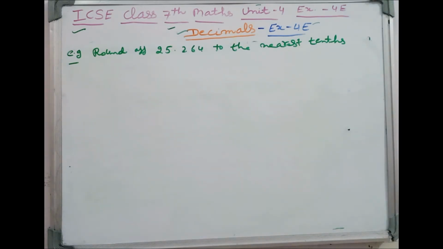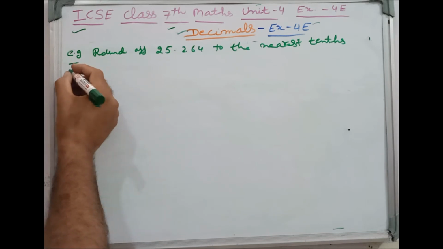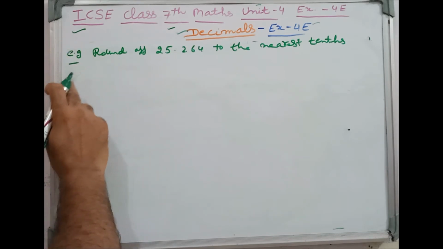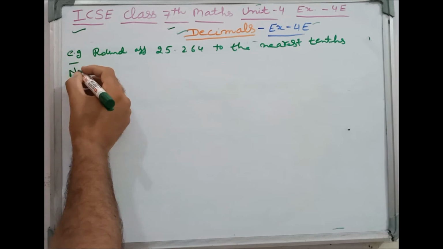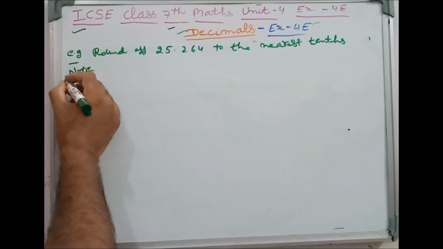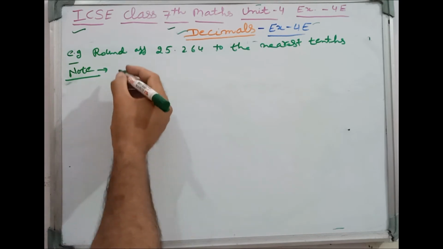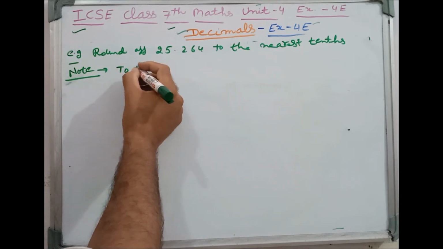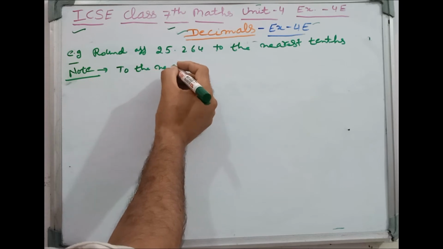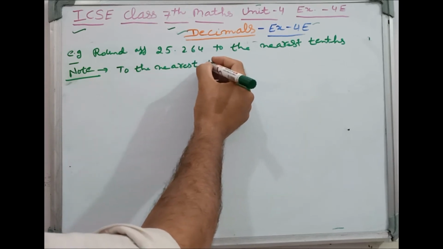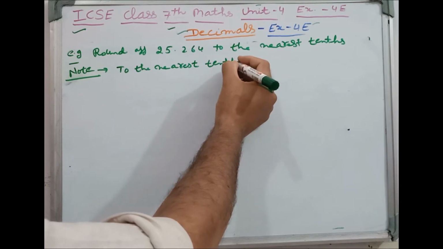So in this we have to keep in mind three things. First, you should note it down. Number one is to the nearest tenths.